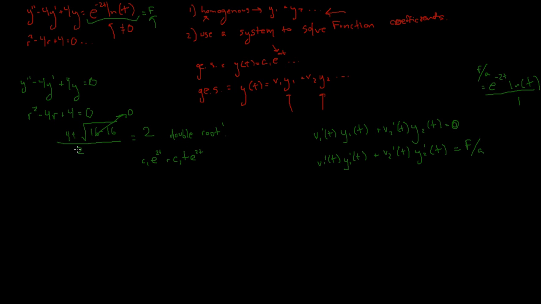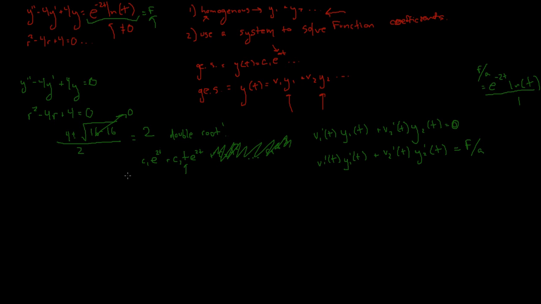If this was a triple root, if you could break this up into r minus 2 times r minus 2 times r minus 2, so you have that 3 times, you just keep adding a t, so the next one would be plus c3 t squared, then c4 t cubed, depending on how many roots there are. So for us it's just c1 e to the 2t plus c2 t e to the 2t. That's just from the homogeneous part, and you should know that by now if you're doing this.